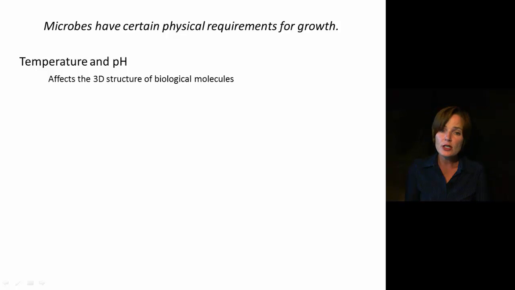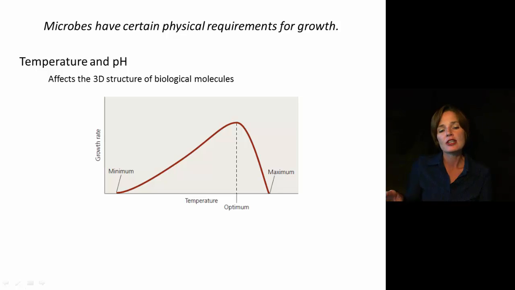So this is the reason why we have strict temperature and pH requirements. This is going to be different for all the different microbes. So they're not going to have the same temperature requirements. If we look at one example here, we can see that we have this temperature range for a particular microbe. It has an optimum temperature, which is where we see that highest peak, and then we also have a maximum.